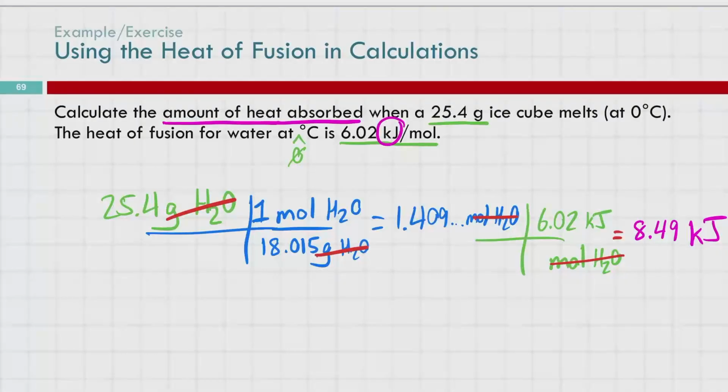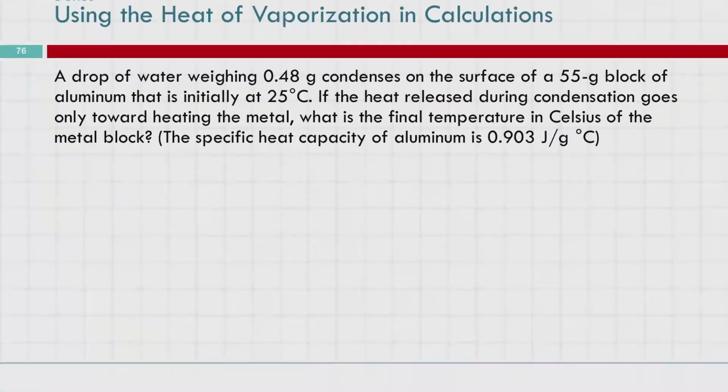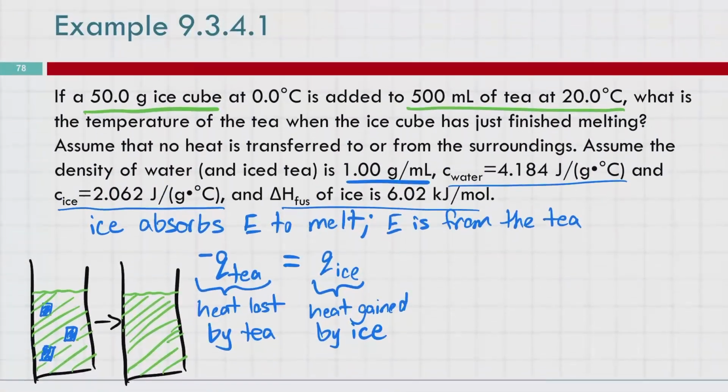So we want to know how much energy went into the ice. Once we figure out how much energy went into the ice, we know how much energy was lost by the water. And then we can do Q equals mc delta T. So this problem in particular is challenging because we've got basically two parts. You have to identify the two parts and how they link together.